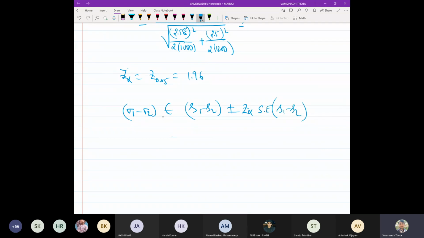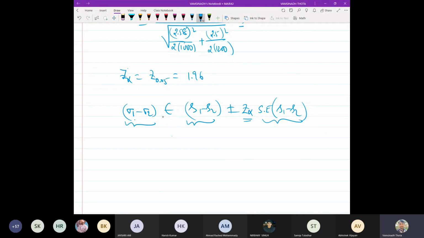This is the normal structure for any confidence interval. It consists of the sample statistic, the critical value, and the standard error of the difference. This is what we have to follow.